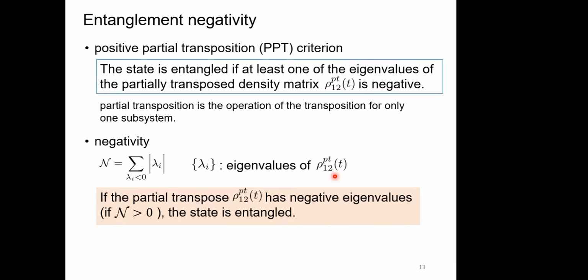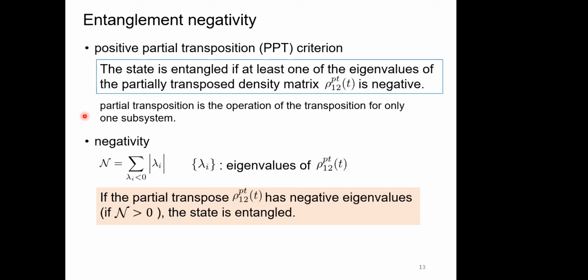Next, with this slide, we explain how to evaluate the entanglement. We analyze entanglement using the positive partial transposition criterion. According to this criterion, the state is entangled if at least one of the eigenvalues of the partially transposed density matrix is negative. Here, the partial transposition is the operation of transposition for only one subsystem.